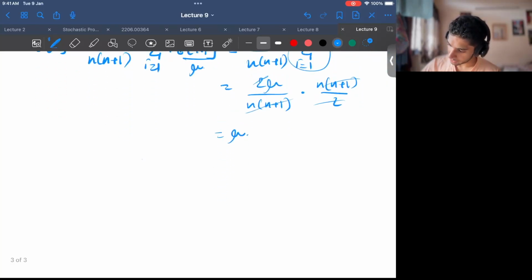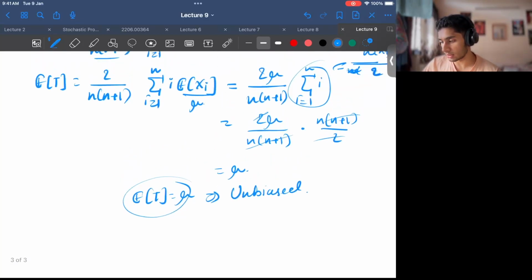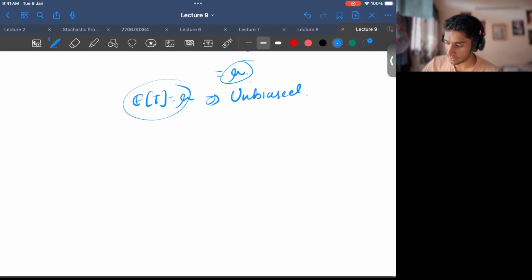So the expected value of t is equal to mu. This means that it is unbiased, right? Because t was an estimator of mu, and we can see that the expected value matches. So it is unbiased.